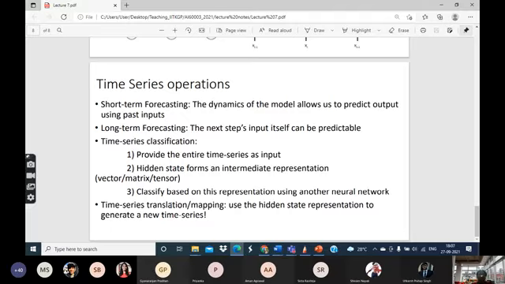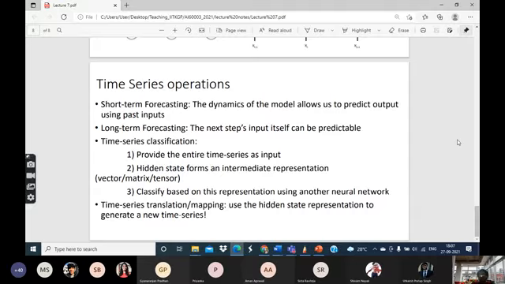What is done here is that the sentence in language A is provided to the neural network. Once the entire sentence is provided, the neural network creates an intermediate representation of it. Then, based on that intermediate representation, there is something called the decoder network, which takes that intermediate representation in and generates another sentence or sequence out of it.